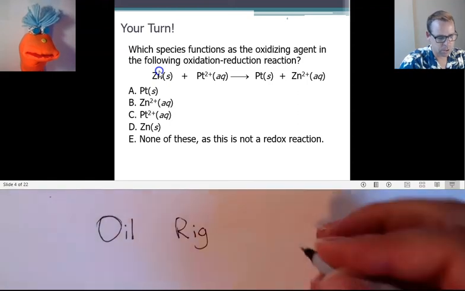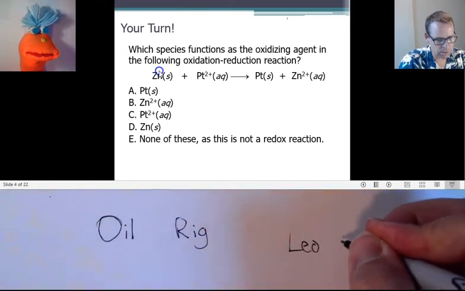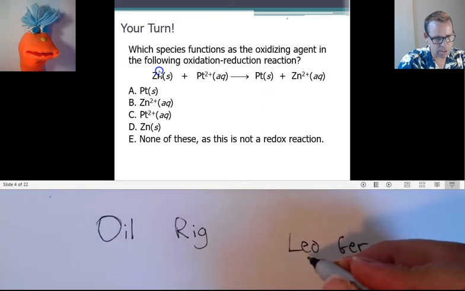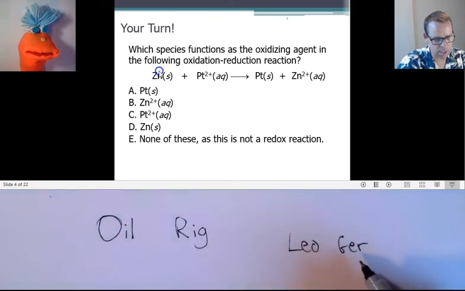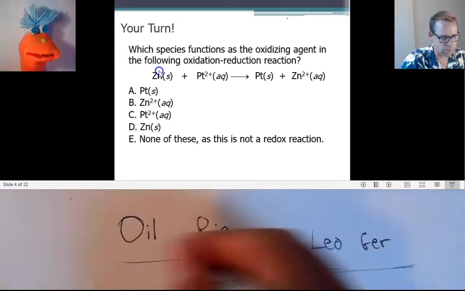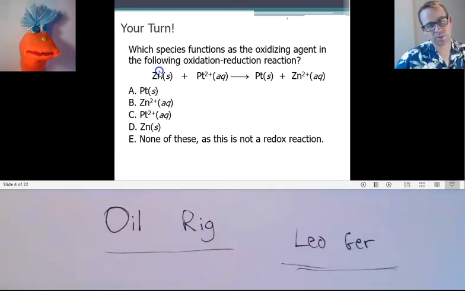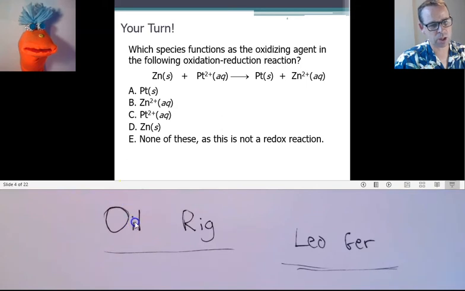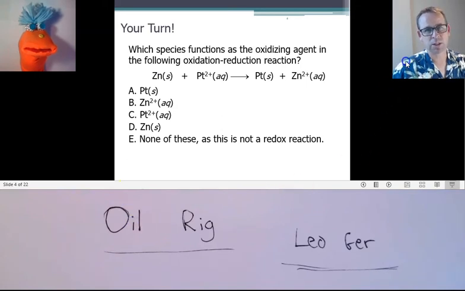And there's another one called LEO the lion says GER. And this stands for Loss of Electrons, Oxidation, Gain of Electrons, Reduction. All right. So you can choose any one of those, or if you think you could just remember for the rest of your life, that's all right. But we do need to be able to know that oxidation is loss of electrons and reduction is gain of electrons. Okay?